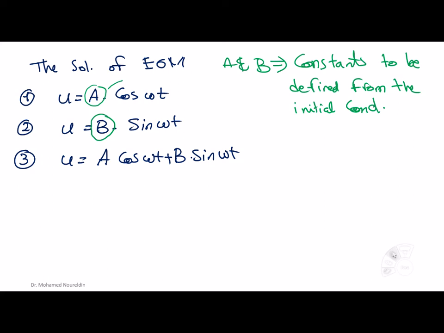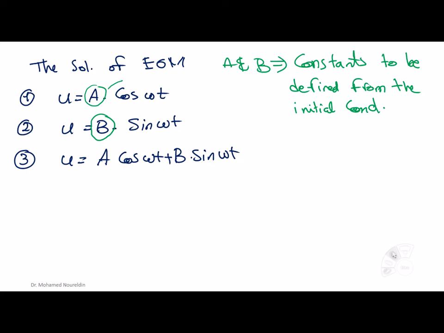Okay, and what is omega here? But we want to highlight that the solutions 1 and 2 are A cosine omega t and B sine omega t, but the third solution is the combination of the two.